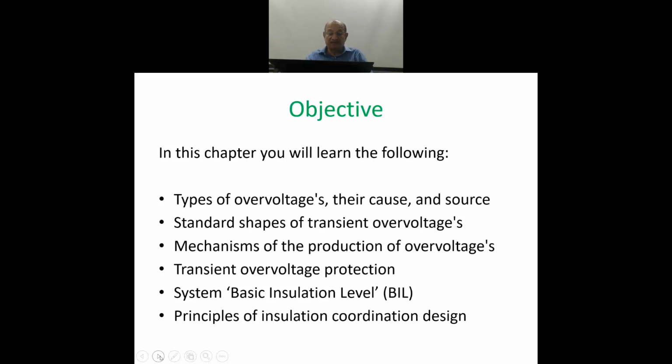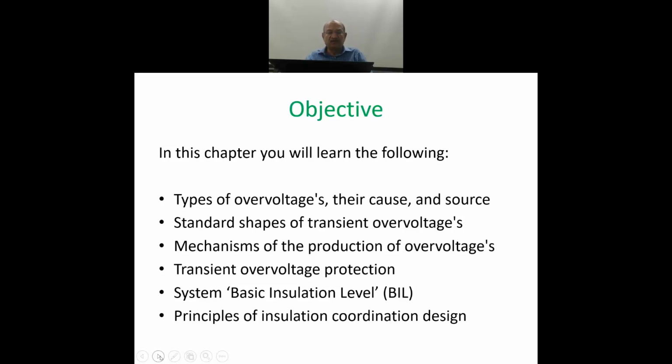If it is less, it is dangerous. If it is more, it will cost more. It won't be economical. The overvoltages also have to be taken into consideration when you design the insulation system of the network.